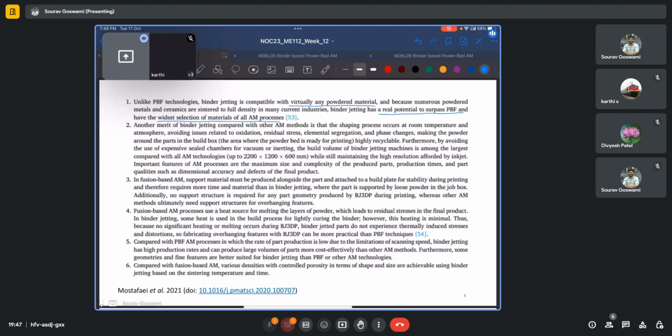Now, another advantage is that at least the printing process occurs at room temperature only and under normal atmosphere. So we don't need any vacuum or purging by any inert gases. You don't even need to close the chamber in some cases where the powder may not be otherwise harmful or dangerous. And issues which are common to other AM processes, such as oxidation, the presence of residual stresses which lead to cracking and delamination, elemental segregation, and phase change, are not encountered here.